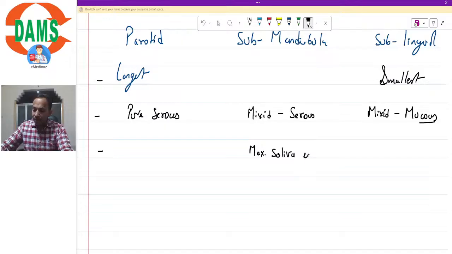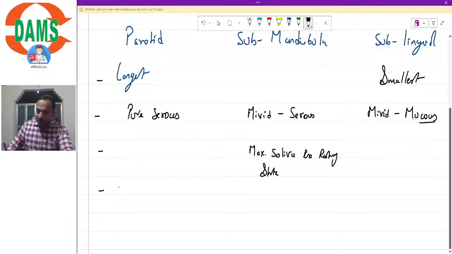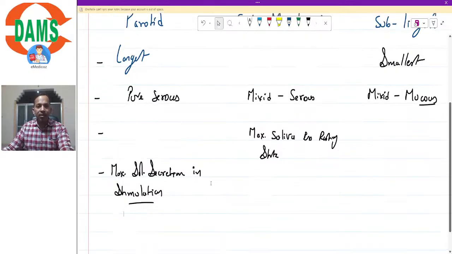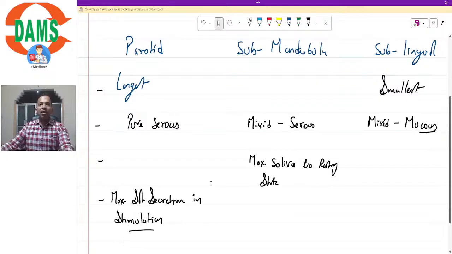But after stimulation, once you provide the stimulation, the maximum salivary secretion would be from parotid. In the resting state, it would be from submandibular gland, right? So these are some of the differences.